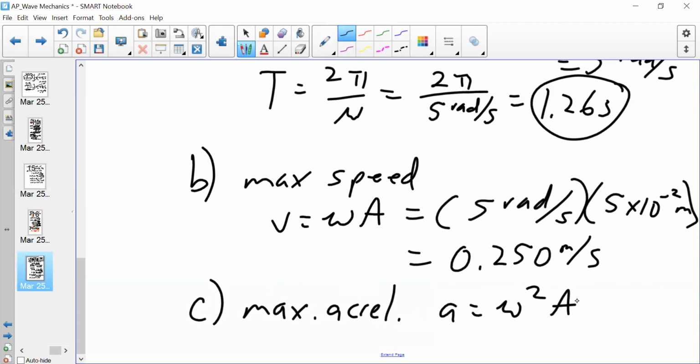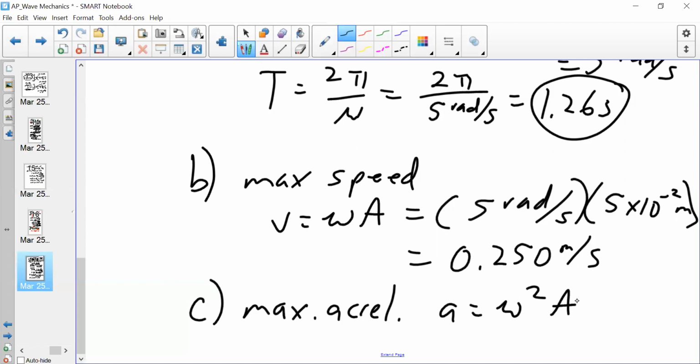Of course, if you want velocity as a function of time, you use the whole function, and the same for acceleration as a function of time. The velocity is negative omega A sine omega t, and the acceleration is negative omega squared A cosine omega t.